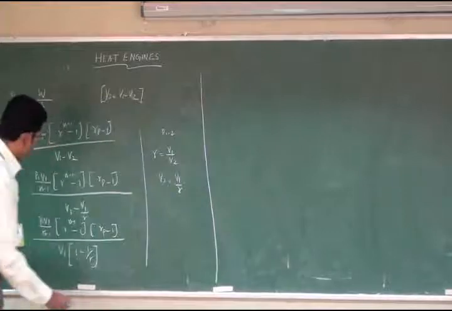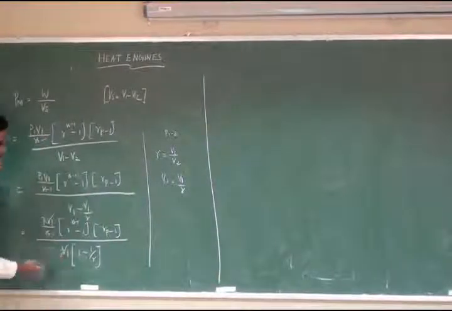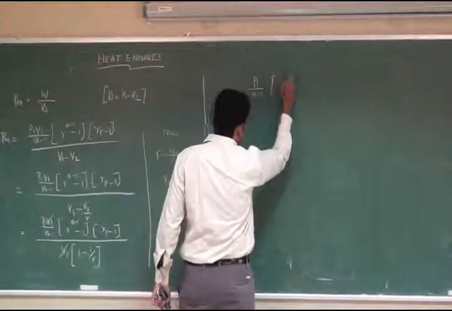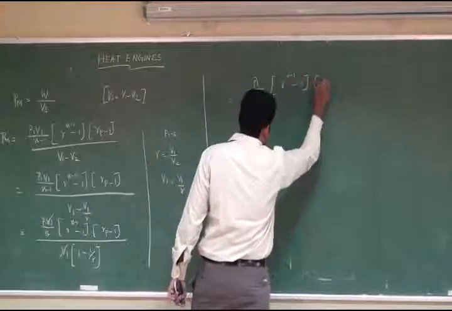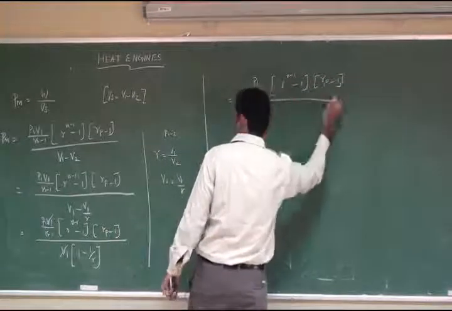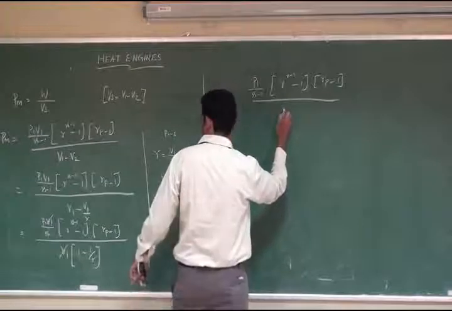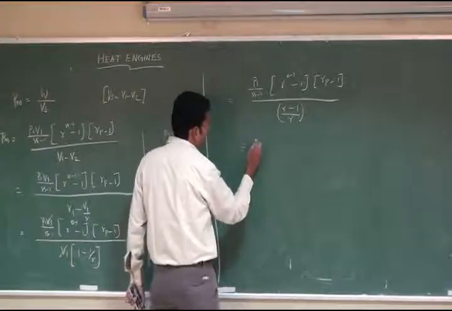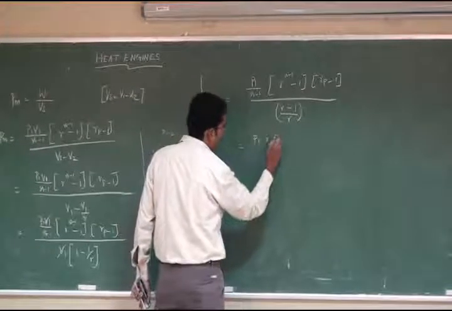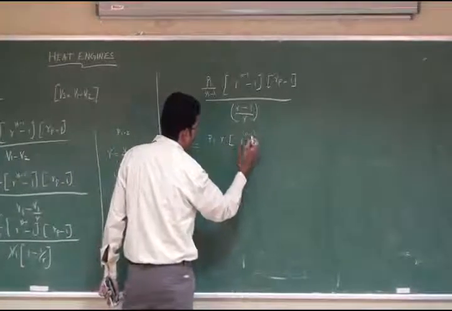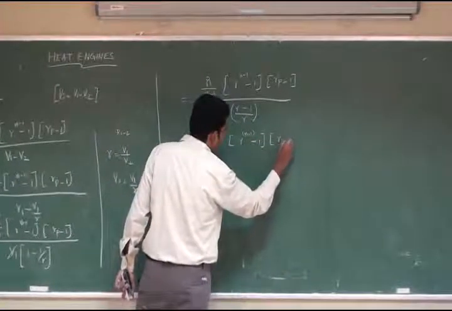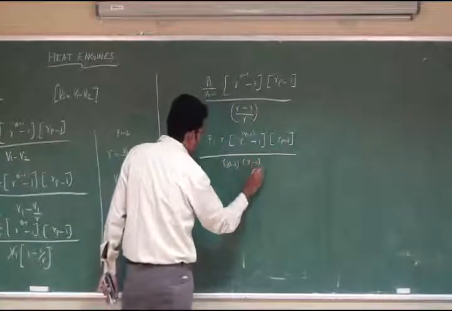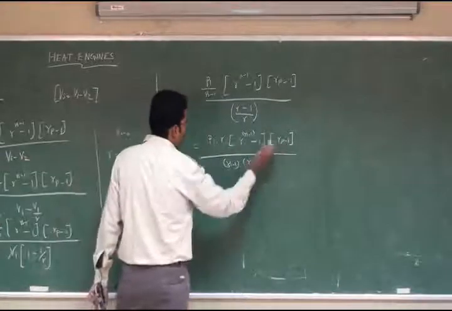Now, V1 is a common term, so we can cancel it. Then we have P1 by gamma minus 1, into R to the power of gamma minus 1, into Rp minus 1, divided by R minus 1 by R. Now, it can be rearranged as P1 into R to the power of gamma minus 1 into Rp minus 1, divided by gamma minus 1 into R minus 1, where R is a compression ratio and Rp is a pressure ratio.